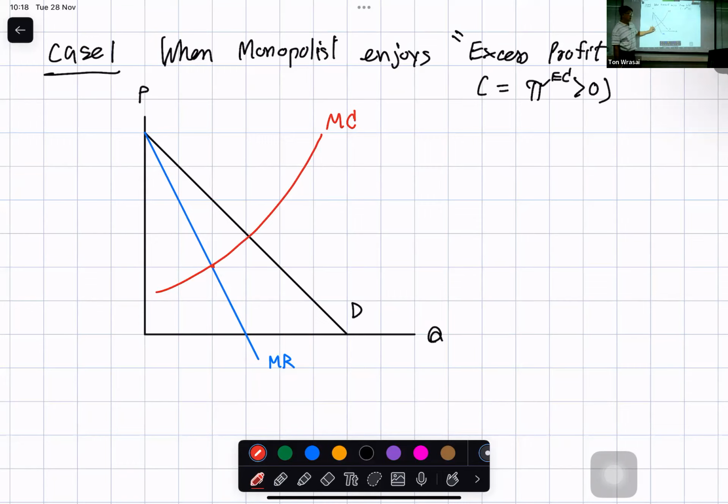Extra cookie, next piece, extra cost getting higher, getting more expensive. Piece number 3 is more expensive to produce than piece number 2. Piece number 10 is more expensive than piece number 9. That's the MC curve rising like this.